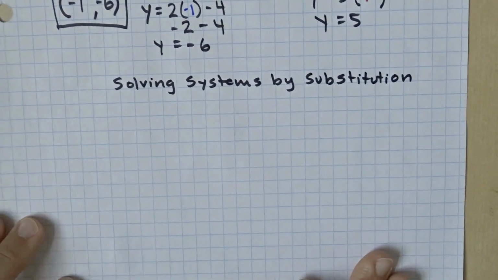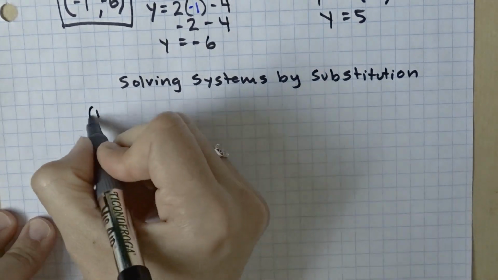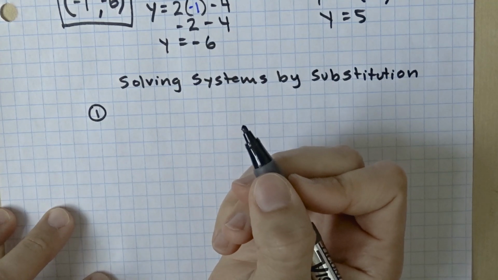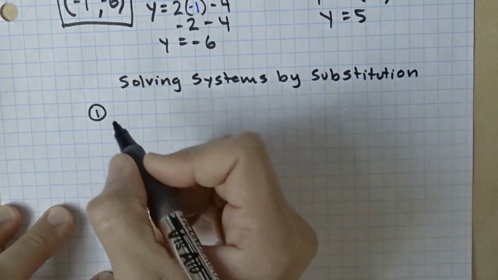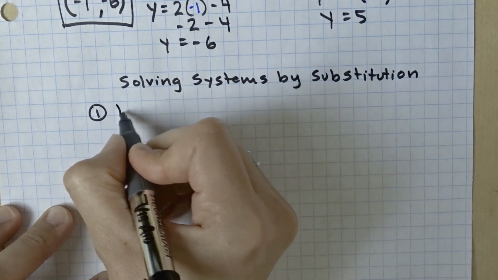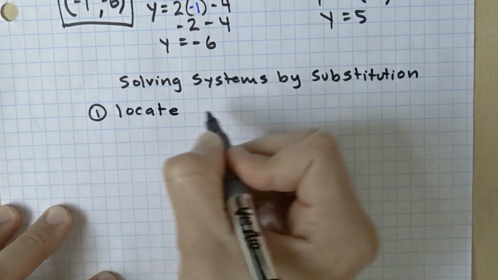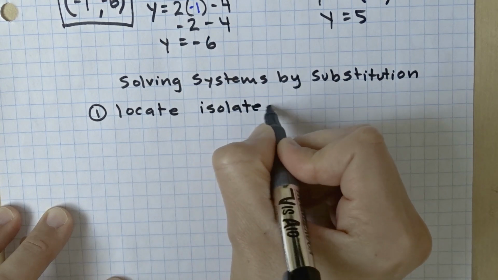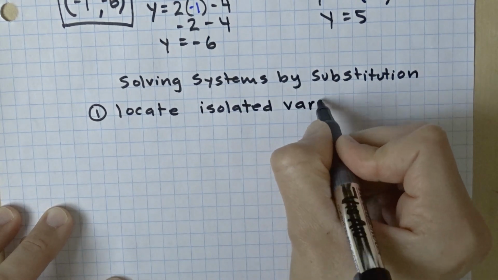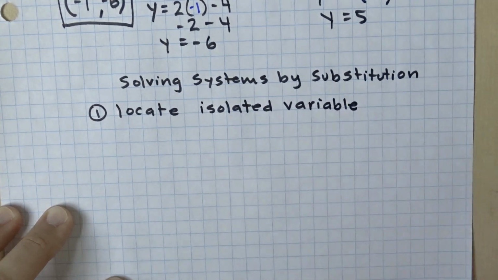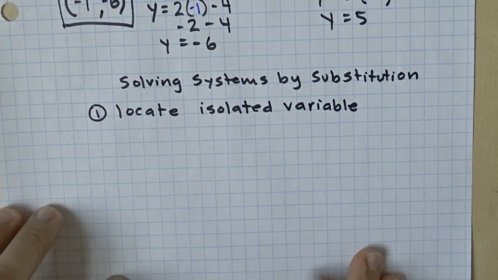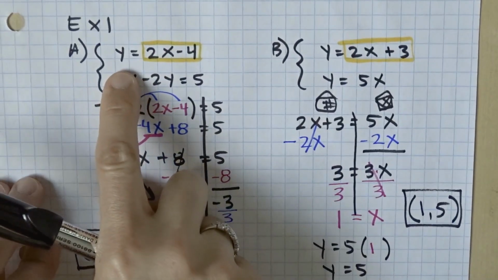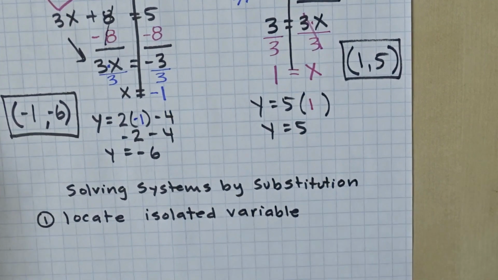If we just want to narrow down what the process was, first thing we did was we located an isolated variable. Now, the reason why we located an isolated variable, right, because you wanted to find the nickname.